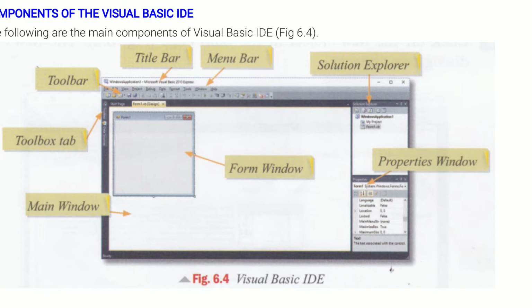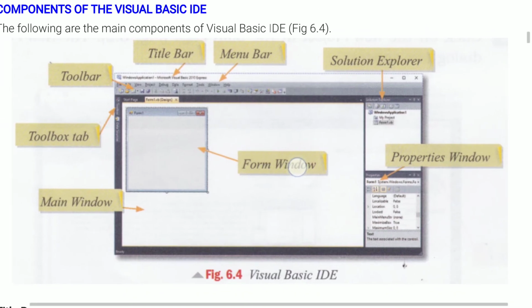As you can see in the picture on the screen, the main window shows a form named Form1 in the designer view. At the top of the window, there are two tabs named Start Page tab and another one is Form1.vb tab. We can use these tabs to switch between Start Page to Form and Form to Start Page.